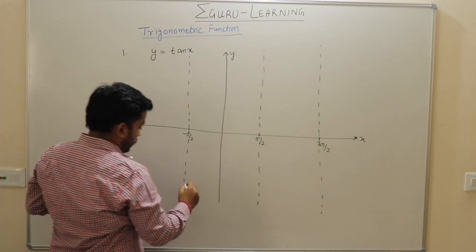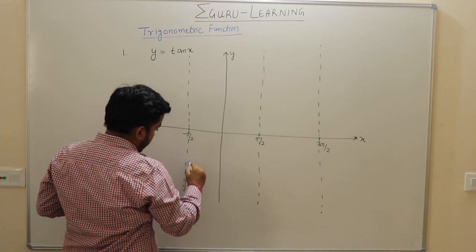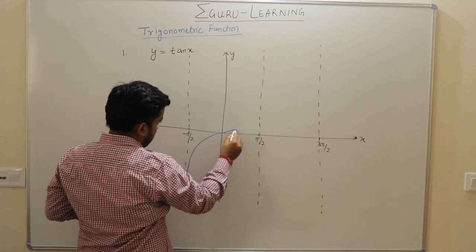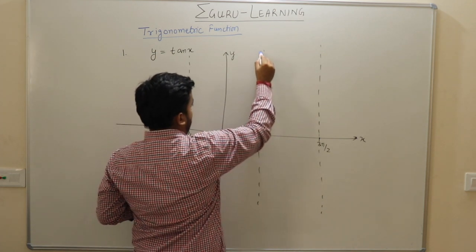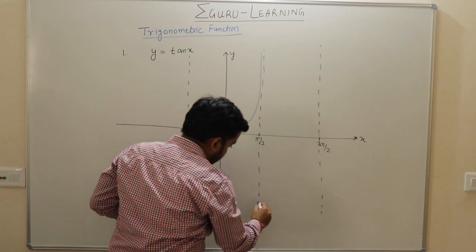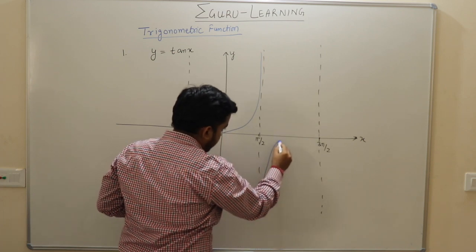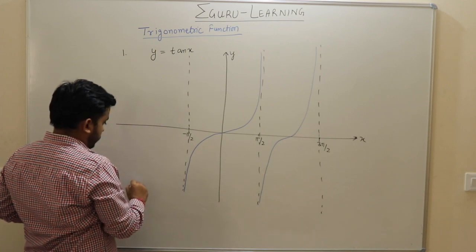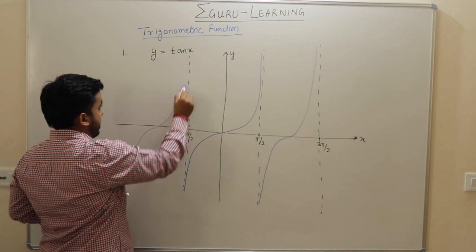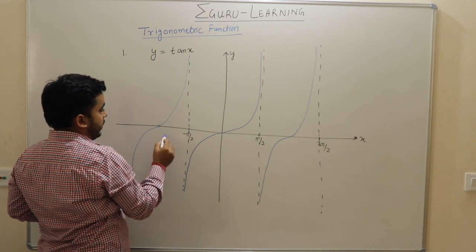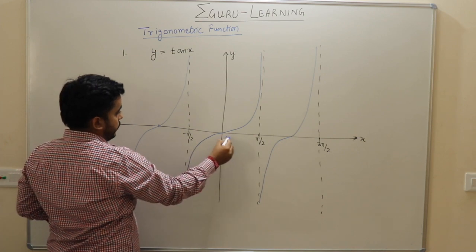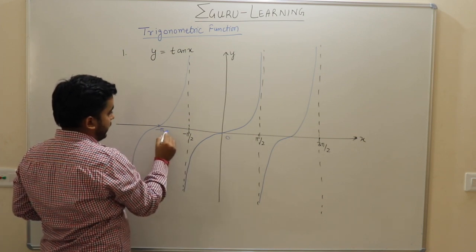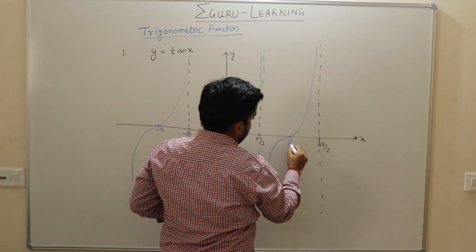Okay, so the graph of y equals tan x goes like this. And here also this point is 0, this is minus pi, this is pi.